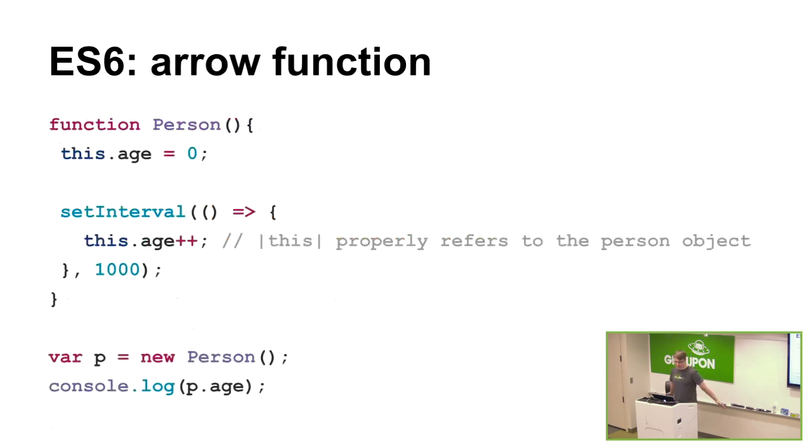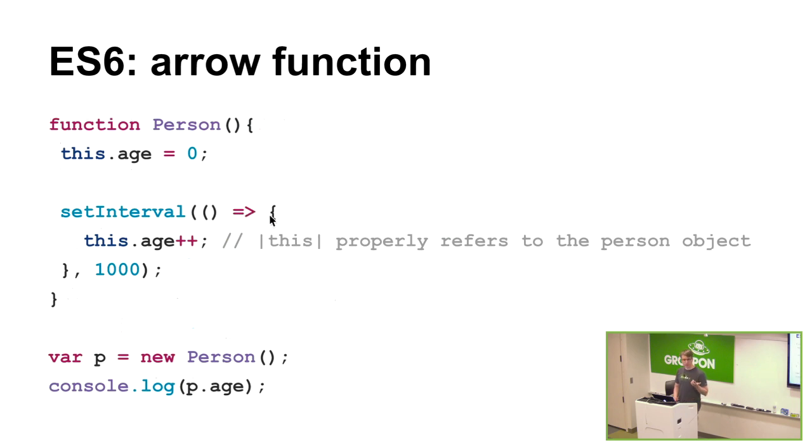The arrow function. This is something that's borrowed from CoffeeScript and maybe other compile-to-JavaScript languages, where instead of writing the word function and then your params in parentheses, you can put your params first, and then you put this. It's called the fat arrow: equals, arrow, and then curlies.